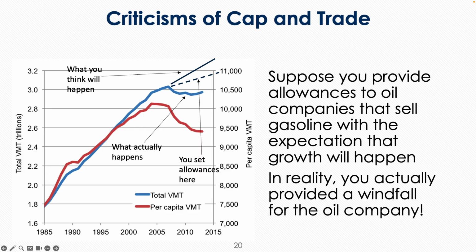And so what ends up happening is you give them a lot more allowances than they need, right? That's the delta between my blue line and my dotted line. And so in reality, I've now provided a windfall for that oil company, and they have all of these extra allowances to sell.